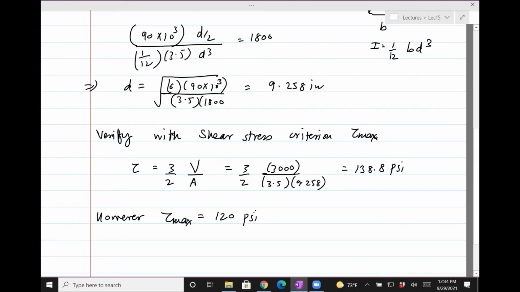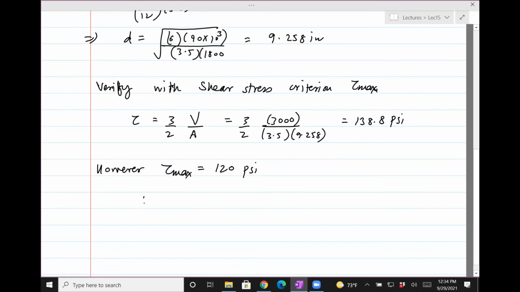So we are given that the maximum shear stress that the material can bear is 120 psi. Unfortunately, 138.8 psi is greater than 120 psi, and hence we can be certain that this material will fail in shear if we design it with a depth, say height, of 9.258.